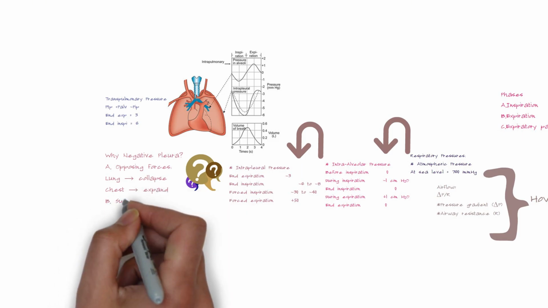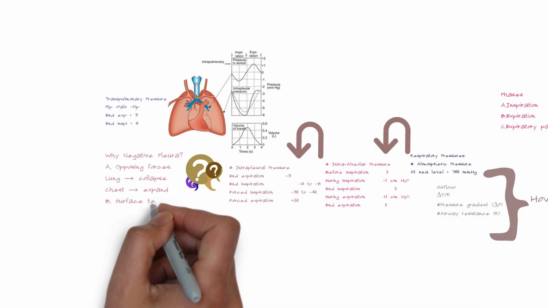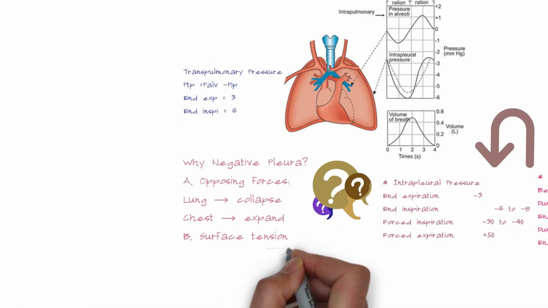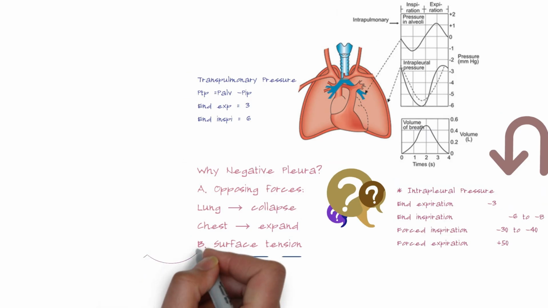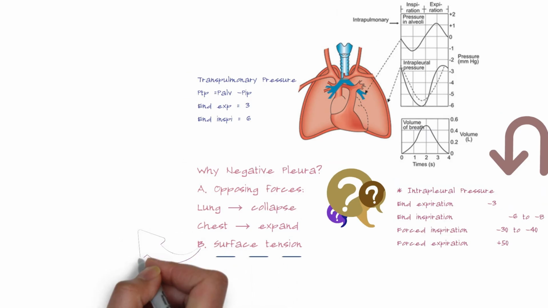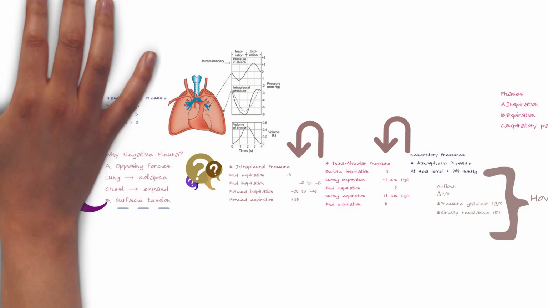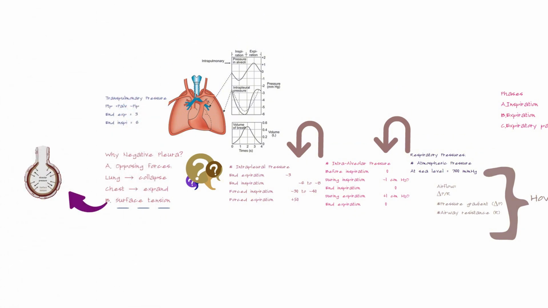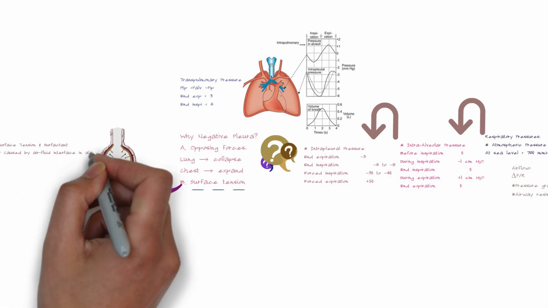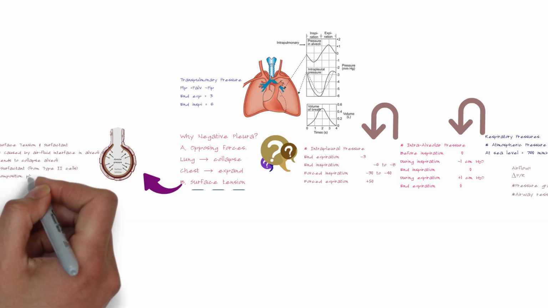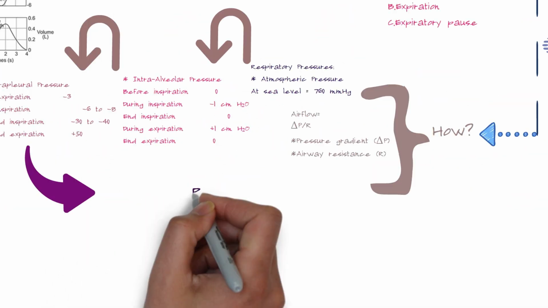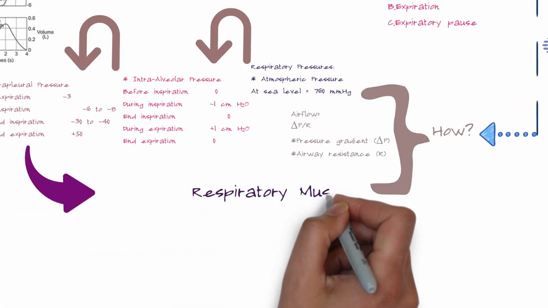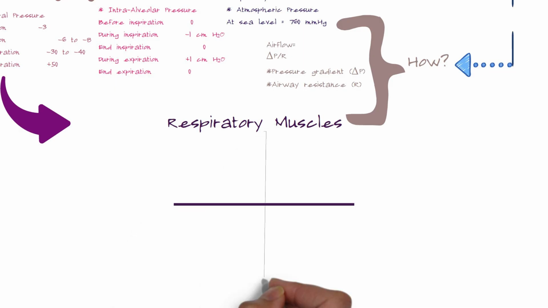What is the role of respiratory muscles in pulmonary ventilation? The respiratory muscles are responsible for changing the pleural pressure by moving the two layers of the pleura away from or near to each other. So inspiration is an active process, the diaphragm and external intercostals contract, and expiration is a passive process, no muscle contracts, and there is elastic recoil.